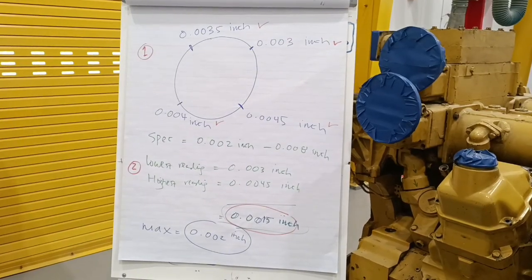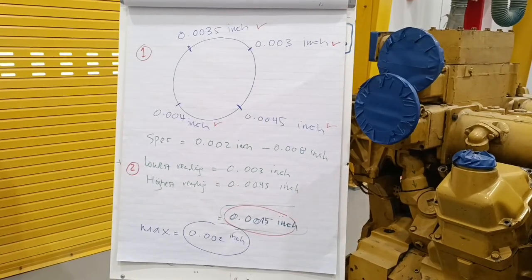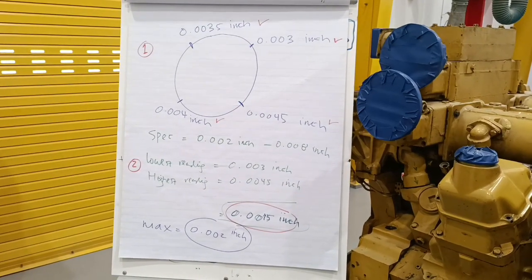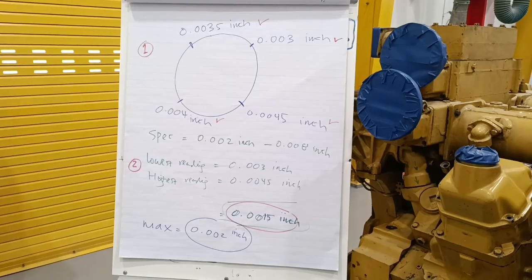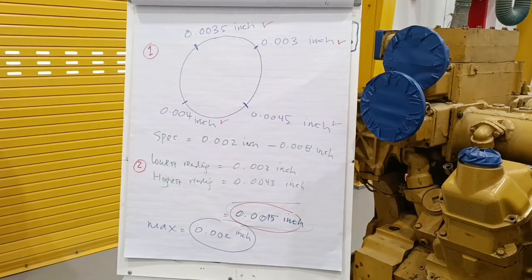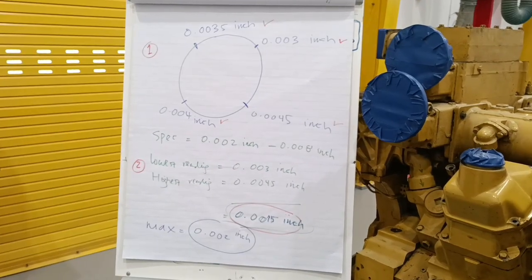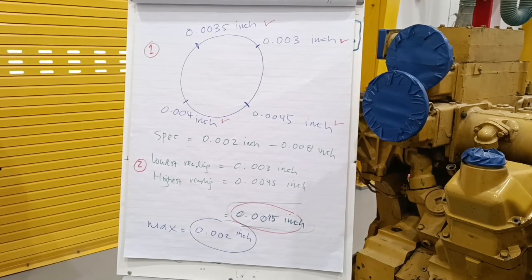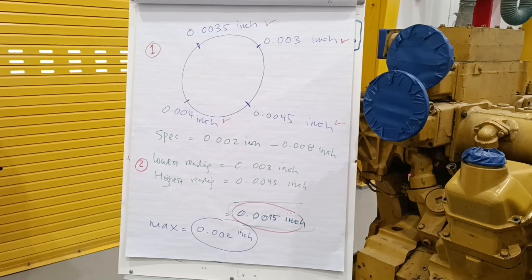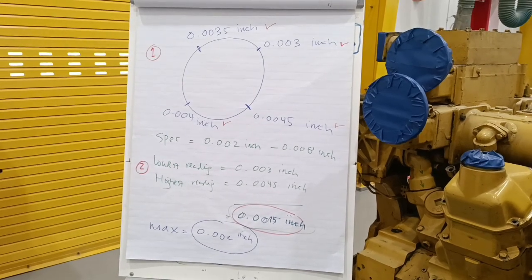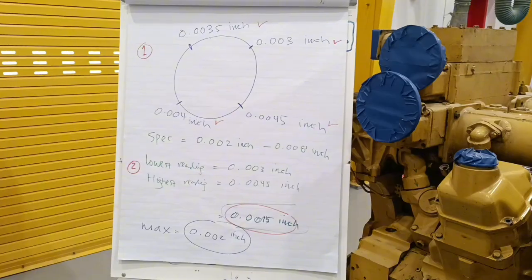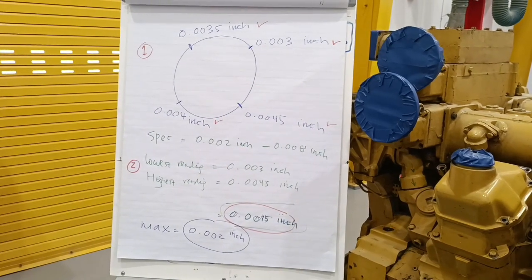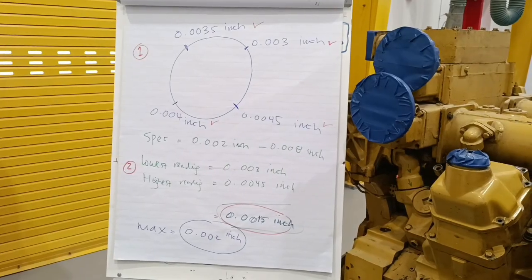So it should be not less than 0.002 inch and not more than 0.008 inch. If you are not getting the reading, try to rotate the cylinder liner; maybe the reading will change. Also among the 4 readings, the difference should be not more than 0.002 inch, the maximum.